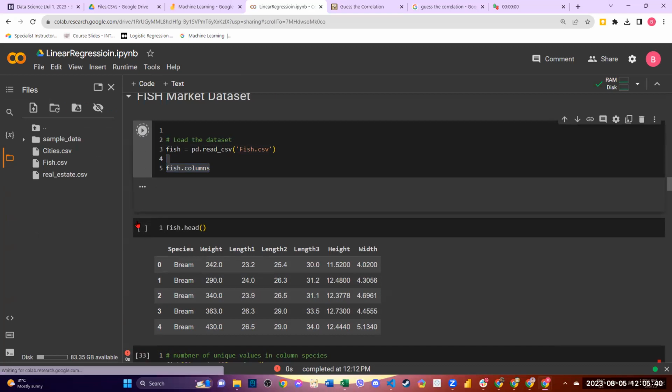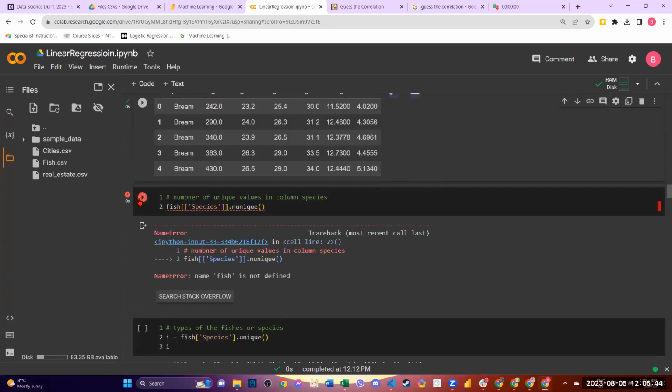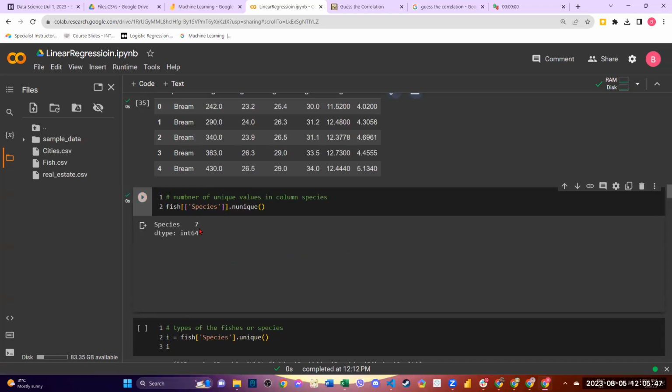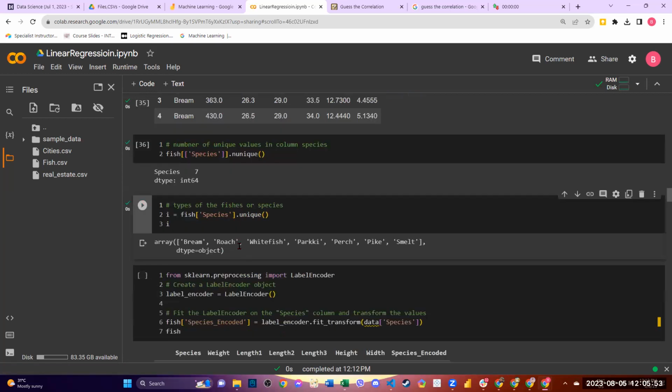Before that, we need to run this one. Okay, so we have 7 species: roach, bream, whitefish, parkki, perch, pike, smelt.